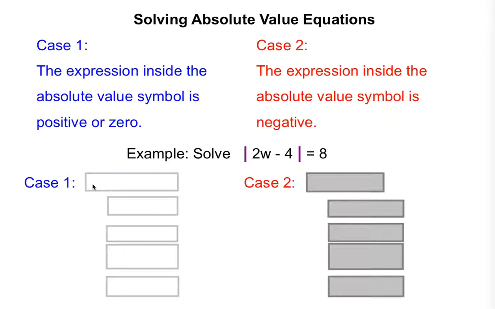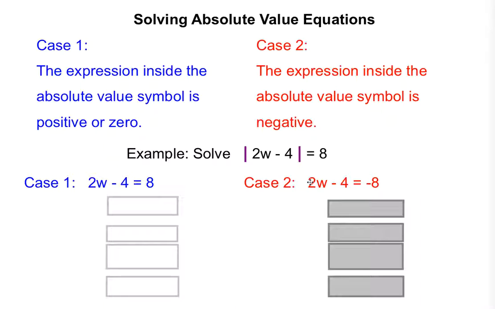So in case 1, the expression inside your absolute value bars will be equal to its positive value, the positive 8 value. In case 2, it's going to be set up so that the expression inside your absolute value bars is equal to its negative value.